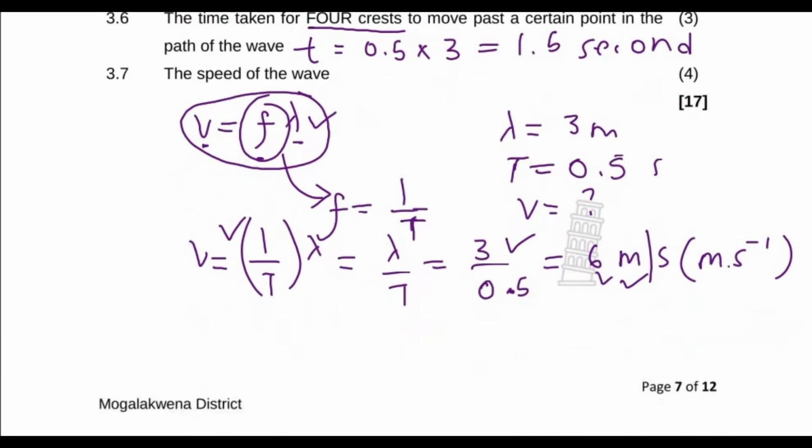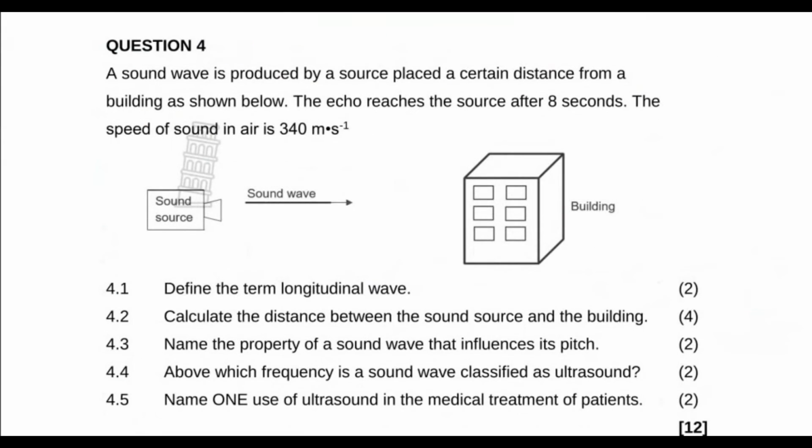So let's go to question 4. A sound wave is produced by a source placed at a certain distance from a building as shown below. The echo reaches the source after 8 seconds. The speed of sound in air is 340 meters per second. So we are given the value for V. What do they say?